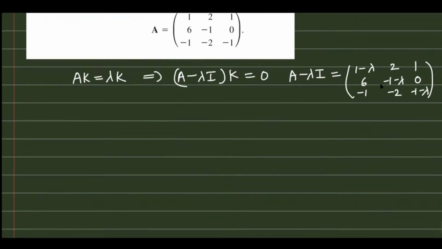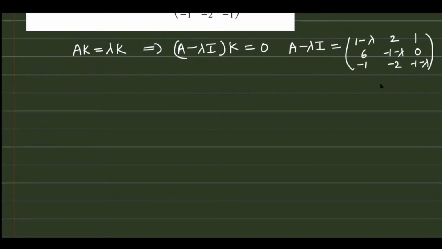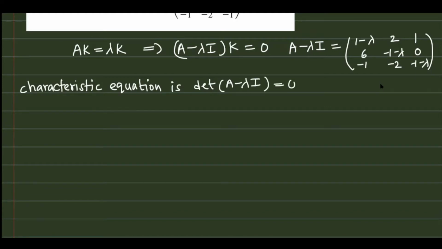Now first we have to find the characteristic equation, and the characteristic equation is determinant of A minus lambda I equal to 0. So determinant of this matrix.